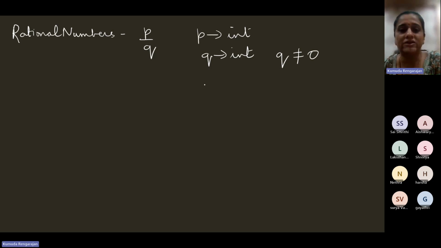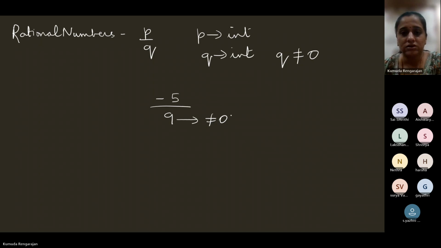Numbers of the form P by Q, where the numerator P is an integer, the denominator Q is also an integer, can be positive or negative, but the denominator should not be 0. It can be any integer other than 0, because 0 is also an integer.